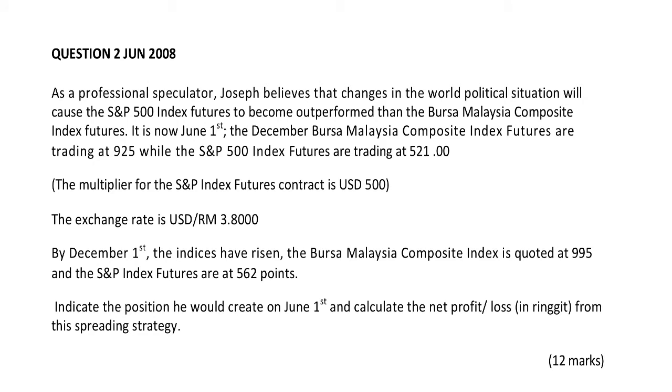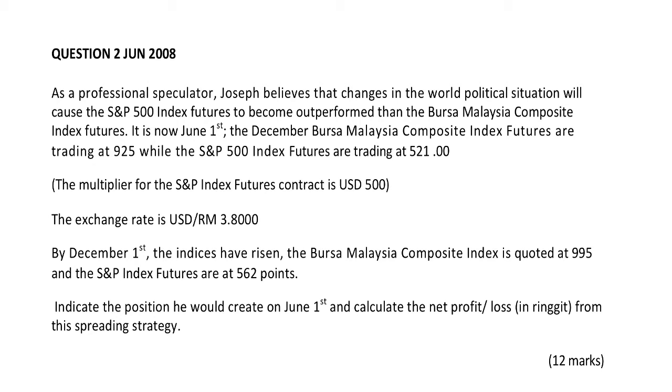Now we look at an example of intermarket spread. This is an example from Question 2, June 2008. As a professional speculator, Joseph believed that changes in the world political situation will cause the S&P 500 index futures to become outperformed than Bursa Malaysia Composite Index futures.